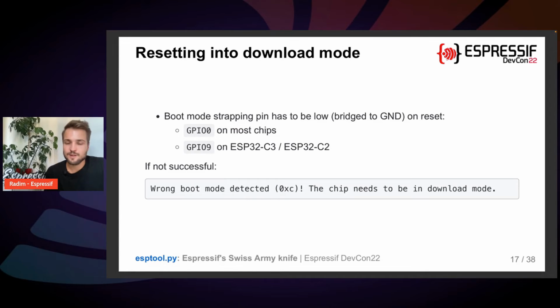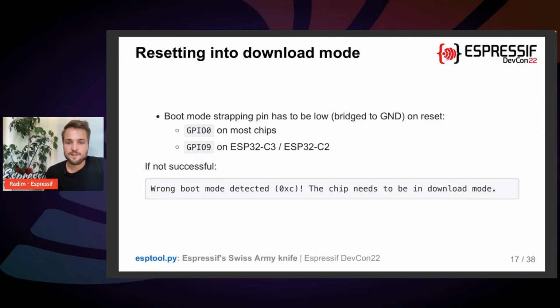But there's also another mode which allows you to download a new application, and the ESP chip enters this mode, or bootloader, if you want to call it that way, only if the boot mode strapping pin is pulled low or bridged to ground on chip reset. The boot mode strapping pin is GPIO 0 on most chips or GPIO 9 on ESP32-C3 or C2.